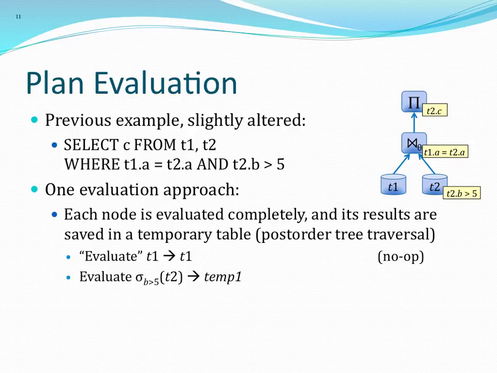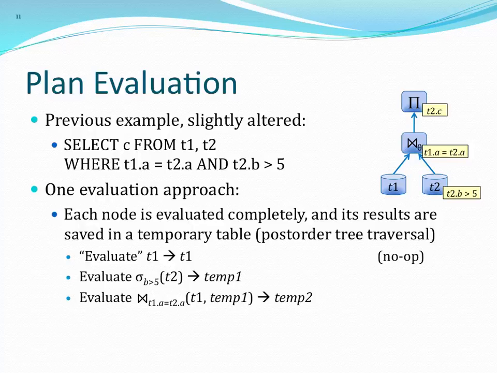That's a no-op. The right one, though, what we do is we take T2 and we feed it through this plan node and we generate another temporary file that is T2 but with the select predicate applied. So now we have rows where B is greater than 5. So we generate that into some temporary storage. And then we take the two inputs to the theta join and we generate the results from applying the theta join into another temporary storage.